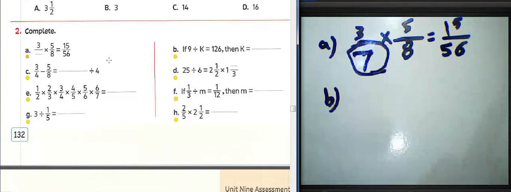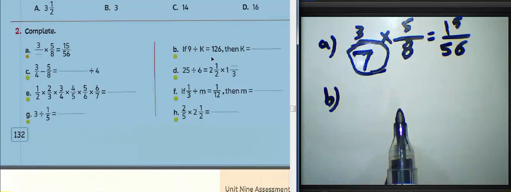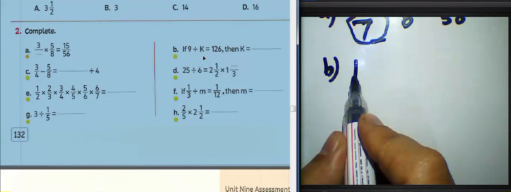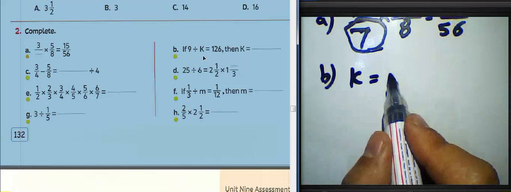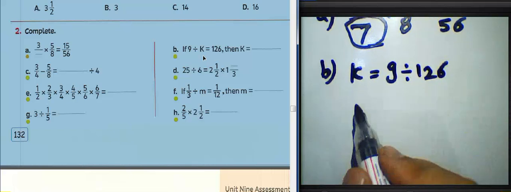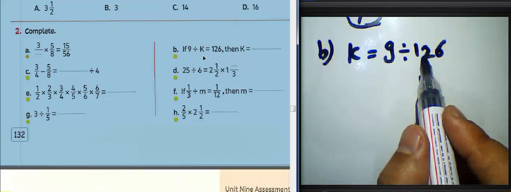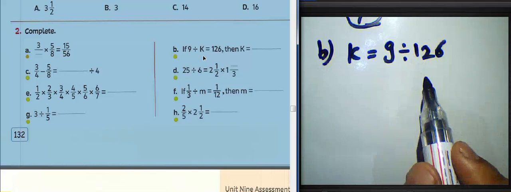Letter B. If 9 divided by k equals 126, then k equals. We want to find here the divisor. The divisor k must be equal 9 divided by 126. 126 can divide by 3 or not? We know 1 plus 2 equals 3, 3 plus 6 equals 9.